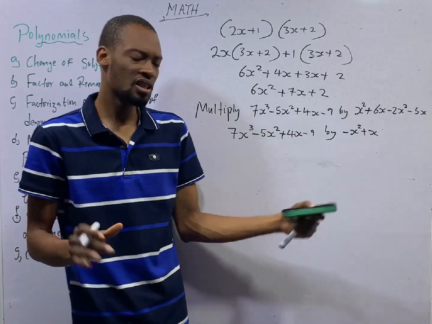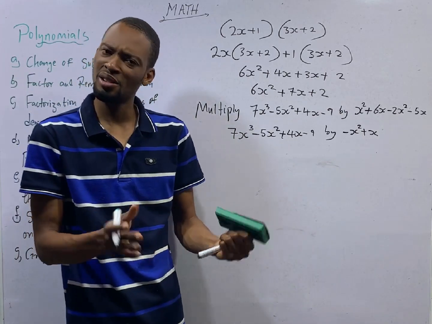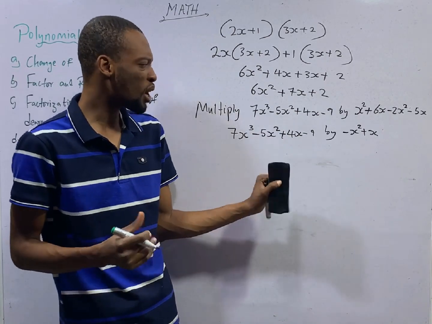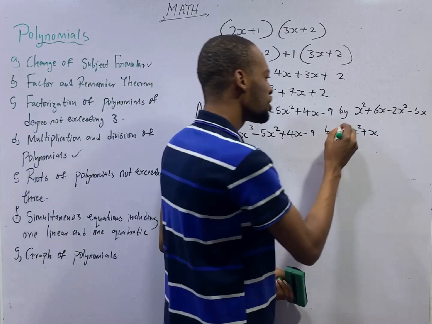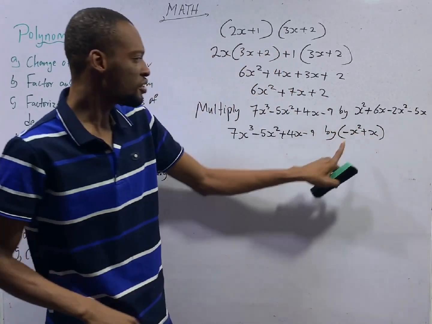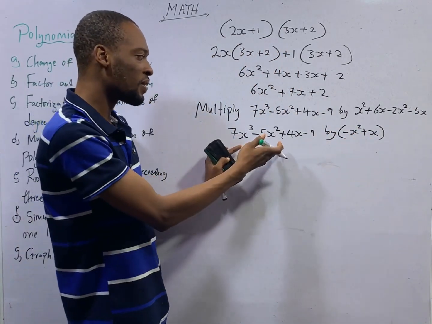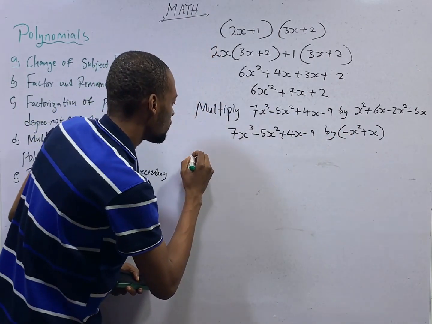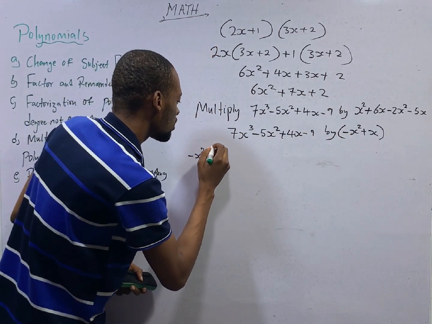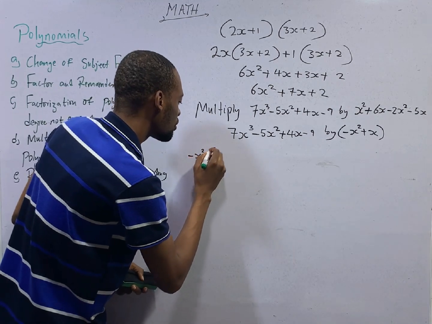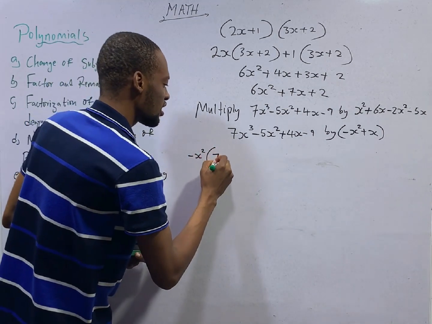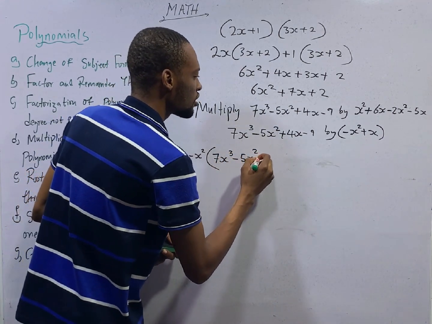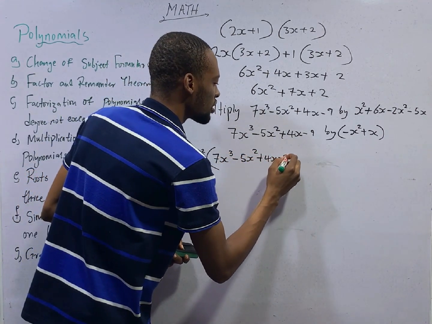Multiplying polynomials, you can follow any means. You can do what works for you. There is no big problem in multiplication. But I will recommend you distribute over another. Distribute this smaller one over the larger one to have something like, you bring the first one, minus s squared, distributed over 7s raised to the power of 3 minus 5s squared plus 4s minus 9.